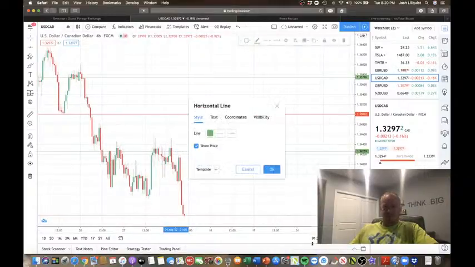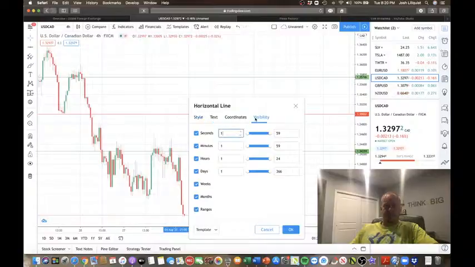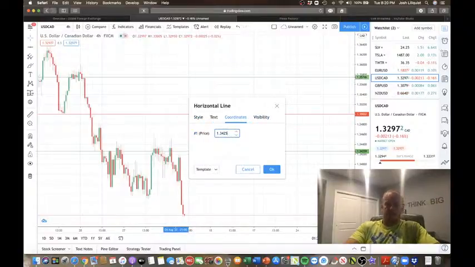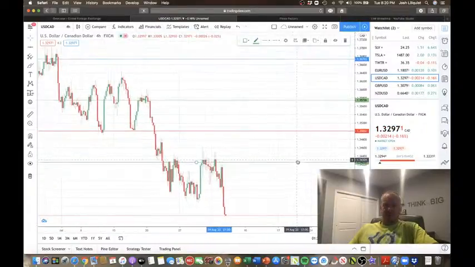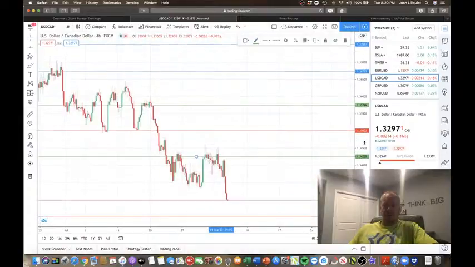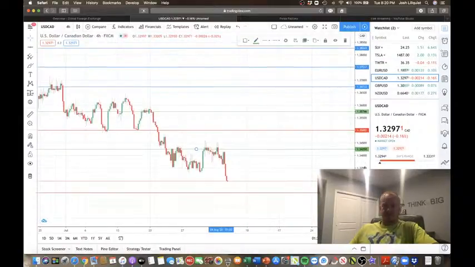Let's get the exact numbers on here so you know what we're talking about. $1.3425 is 75 pips from here. You got 75, 75, you got 250. Now we're shooting to bring this down to $1.3250. Let's get this exact number as well.